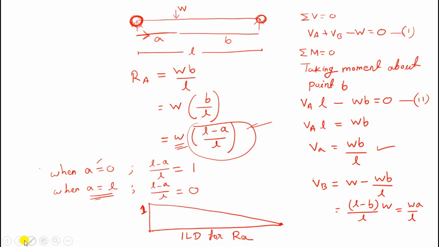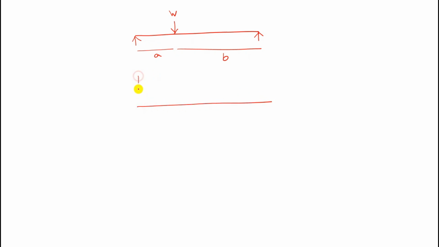Now, this is the simply supported beam, and we have a particular load W at this point, and this is A and this is B. Now the influence line diagram for the reaction is this.